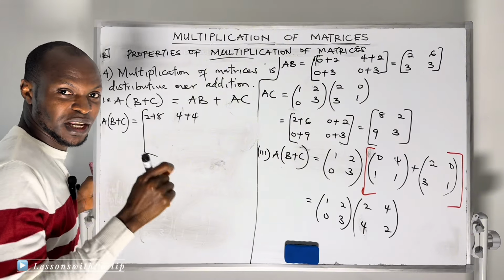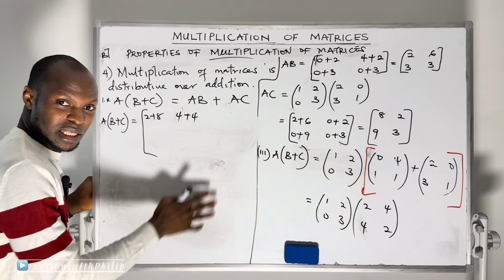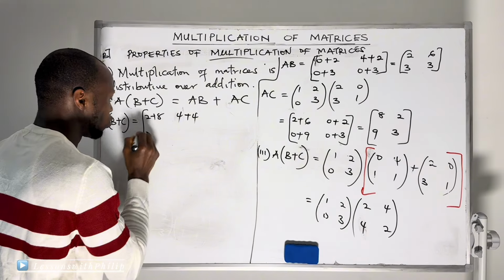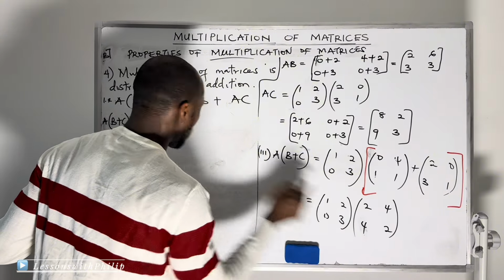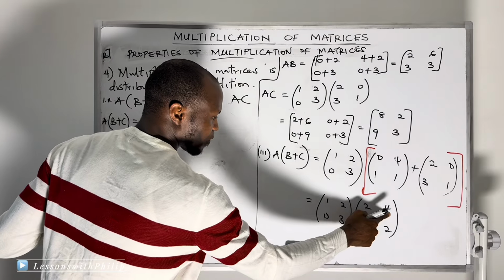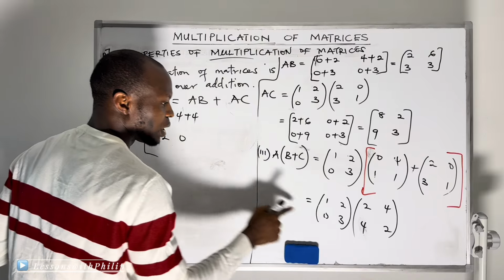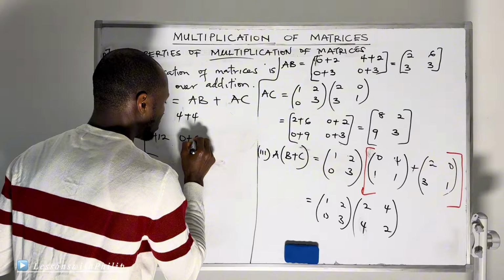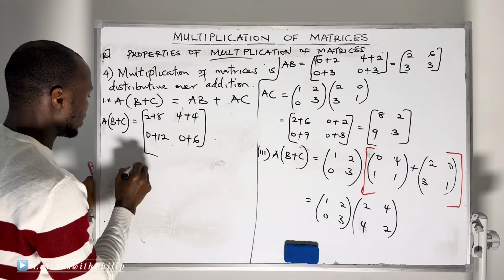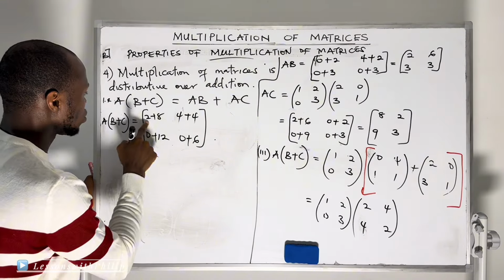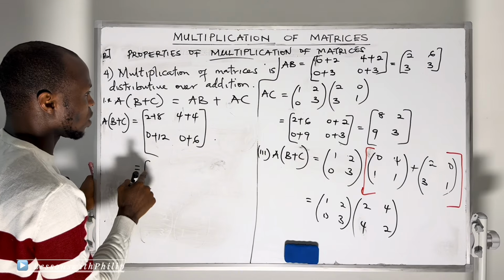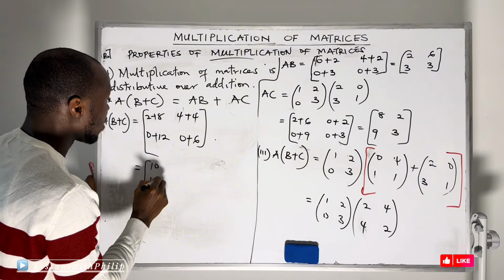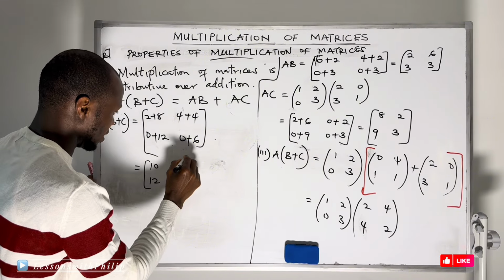Thank God I checked, because if you make a mistake somewhere, it will mess up the remaining results. So now we'll go to the second row. 0 times 2 is 0, plus 3 times 4, which is 12. 0 times 4 will give me 0, and 3 times 2 will give me 6. So that is 10, this is 12, this is 8, and this is 6.